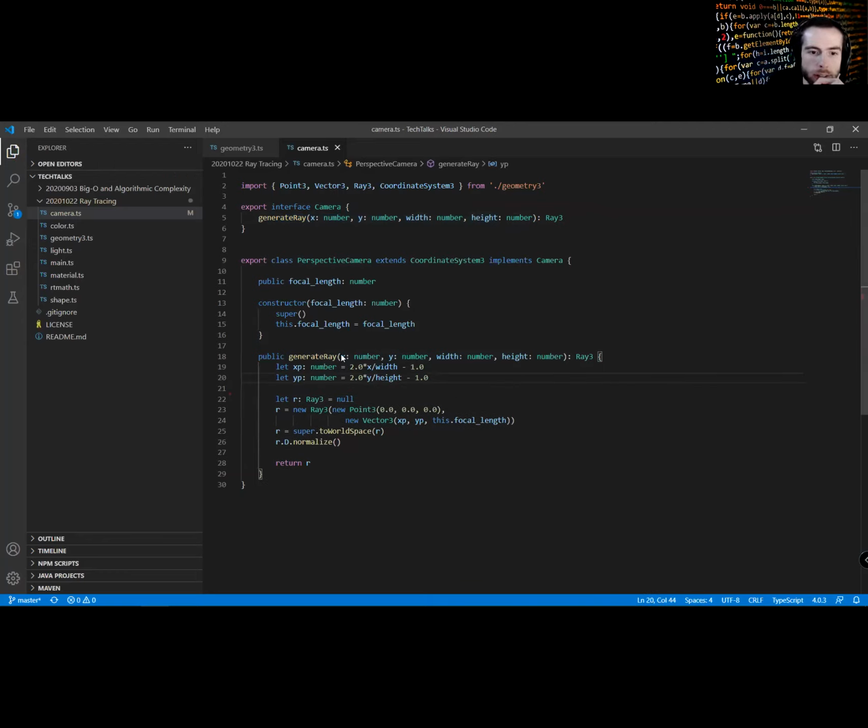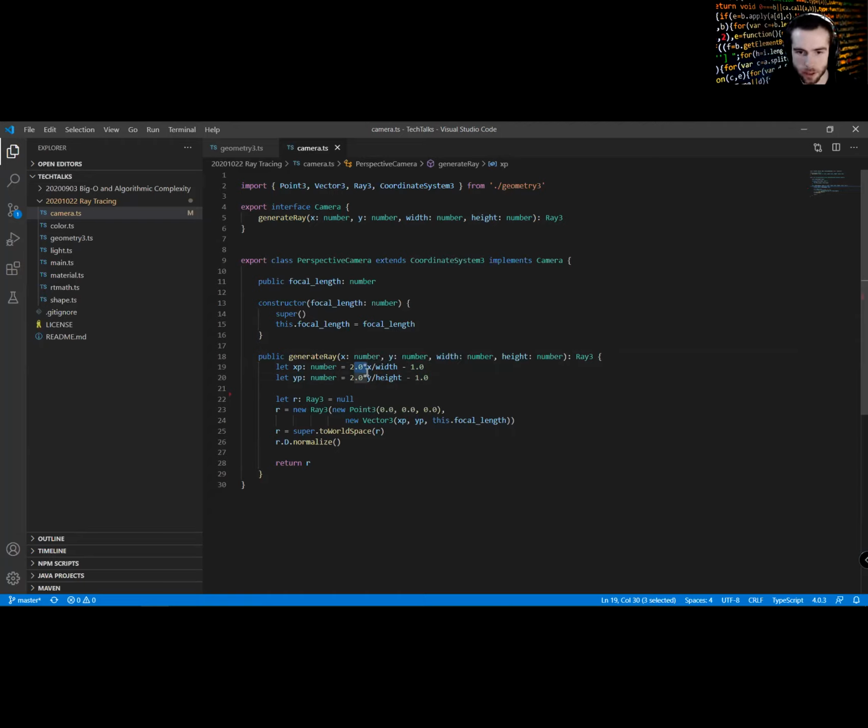So here, this method is just given the x coordinate of the pixel, the y coordinate of the pixel, and then the width and the height of the image. And here I basically do 2 times the x coordinate divided by the width, minus 1. That basically puts the whole image between -1, -1, and +1, +1.